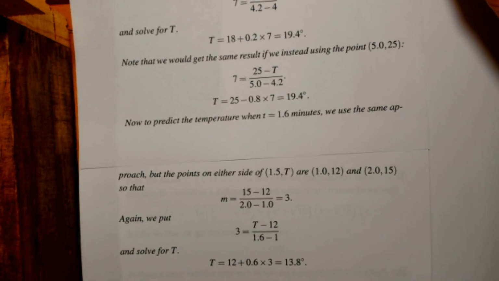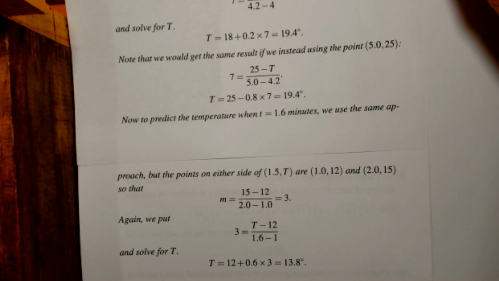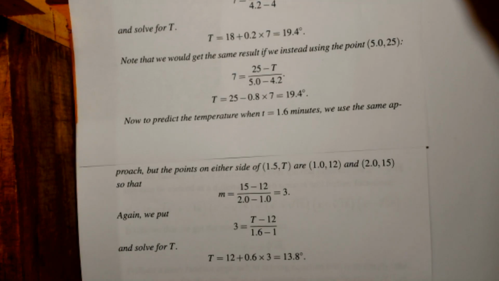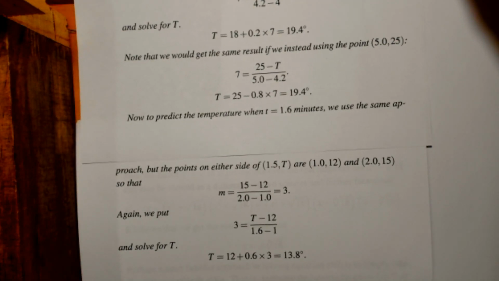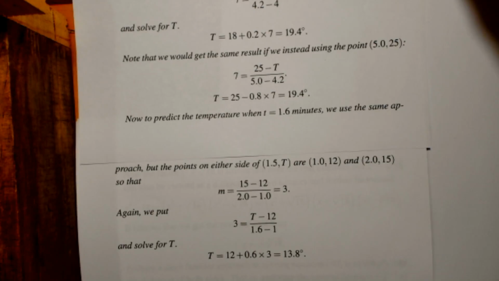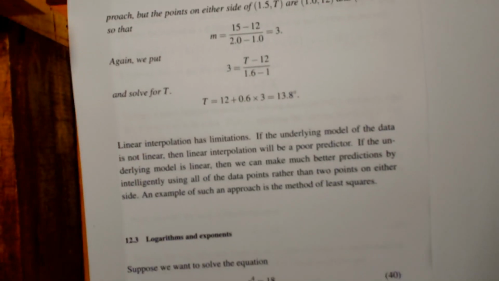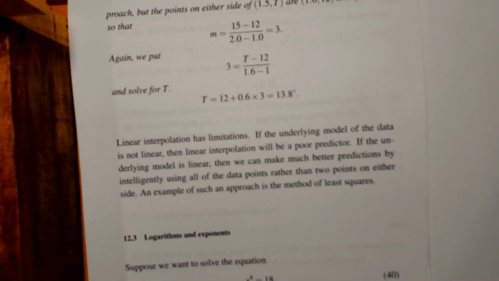We have a slope of 3. So again, we do the same technique, put 3 equals t minus 12 over 1.6 minus 1 and solve for t, and this time we get 13.8 degrees for the temperature of that point at time 1.5 minutes.